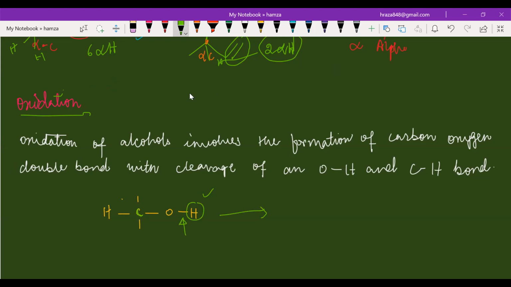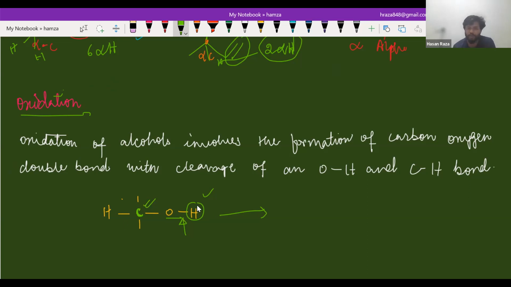See what is the concept here, which is very easy, and very important questions come on this topic. So see, this carbon is connected with OH, and this carbon must have hydrogen. If there is no hydrogen with this carbon, there will be no oxidation, there will be cleavage of bond.